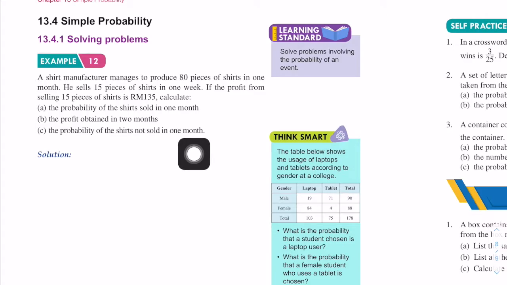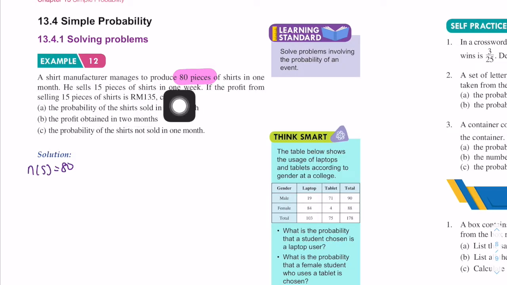So let's try to solve this problem. Before that, we need to know the sample space for 1 month. So the sample space is 80 pieces, so n(S) is 80. He sells 15 pieces of shirt in 1 week.